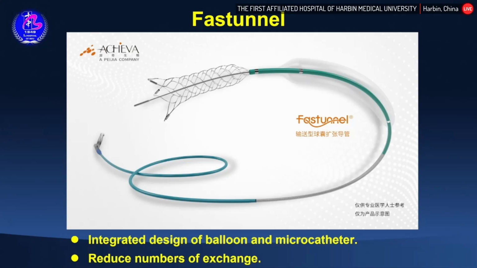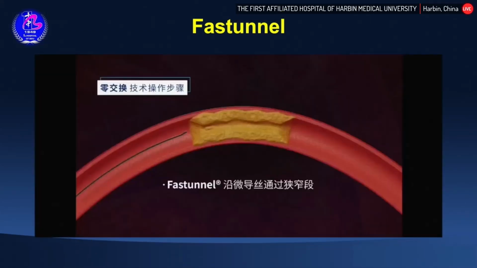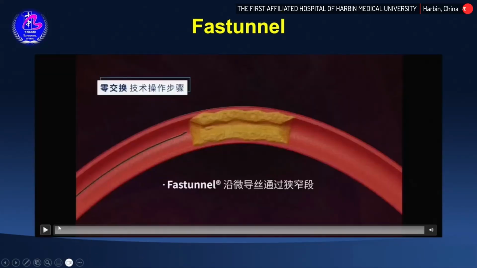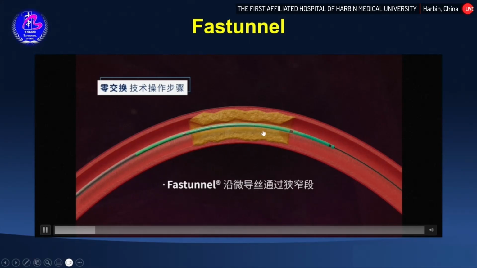So today we may use a new instrument, the Fastunnel balloon catheter. It's a very interesting catheter. First, it has a balloon. You can use the balloon to press the lesion, and you can also use the balloon catheter to dilate the stent, just like this one. First, we use the wire to cross the lesion and use the balloon to press the lesion.